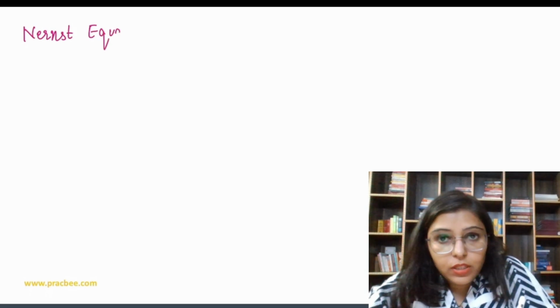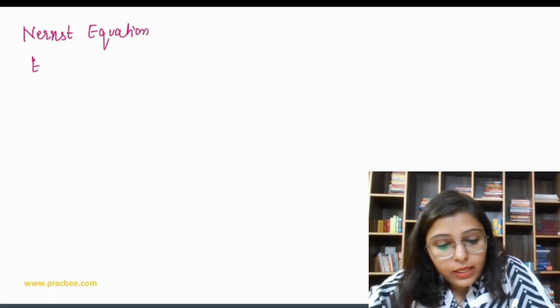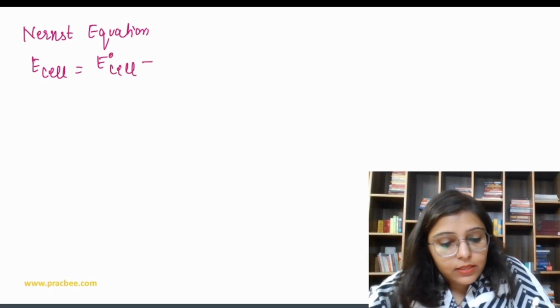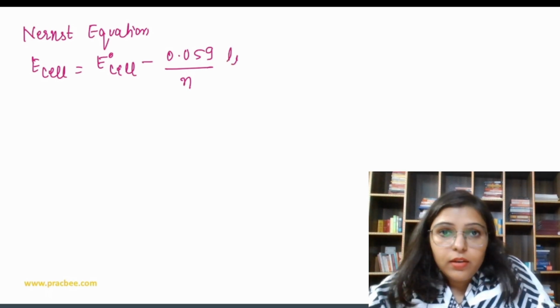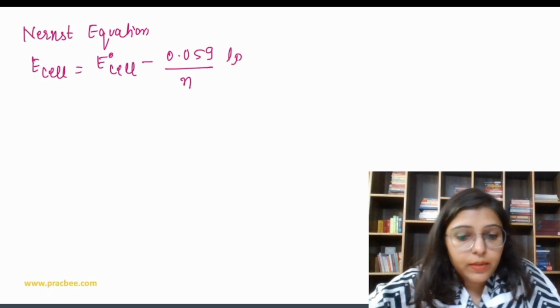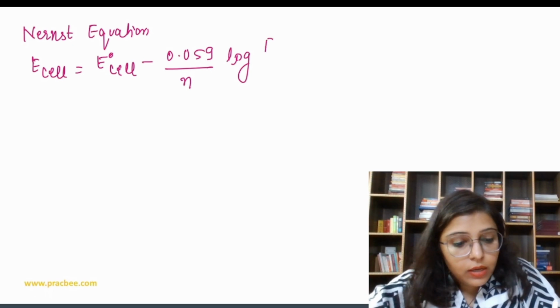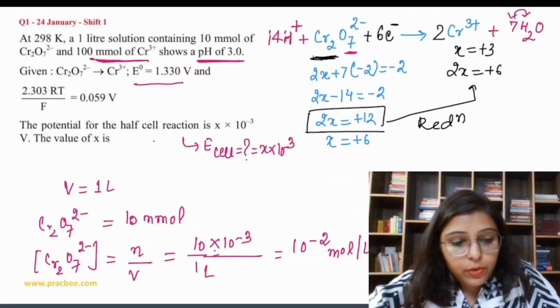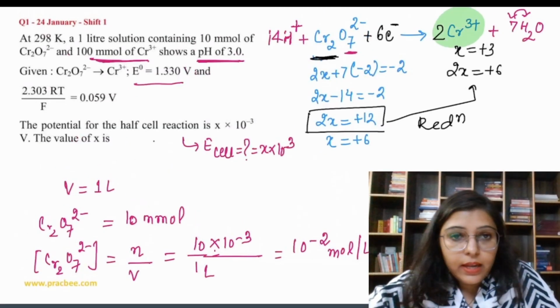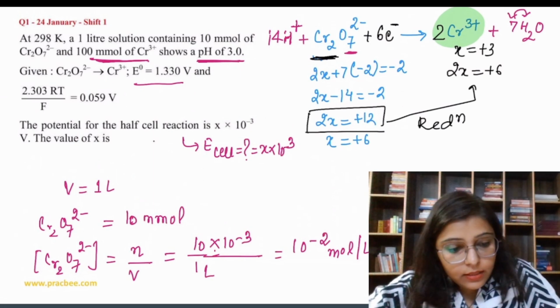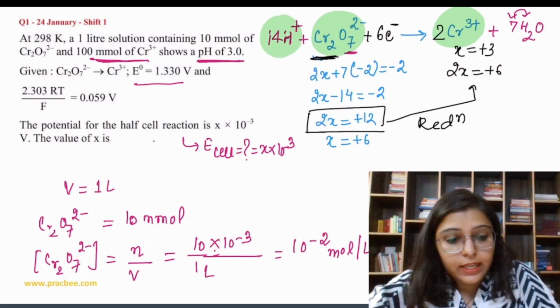If I use the Nernst equation, E cell is equal to E naught cell minus 0.059 upon n log of concentration. On the product side we have Cr3+, and on the reactant side dichromate Cr2O7 2- and 14 H plus.